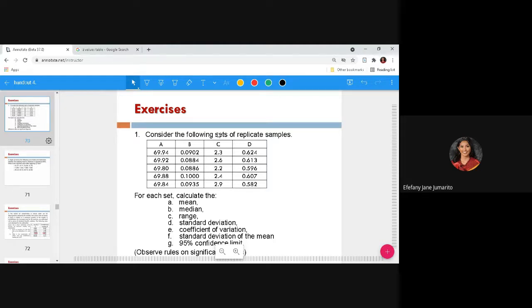So consider the following sets of replicate samples. For example, this is test tube A. Because you want to make sure that what you are doing is right and to avoid errors, you created how many replicates?